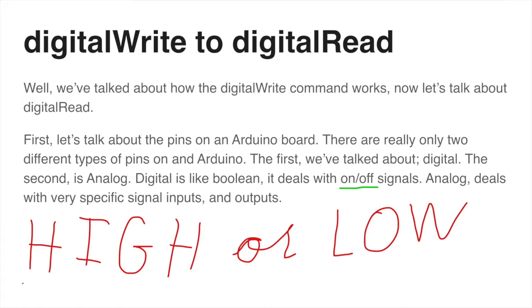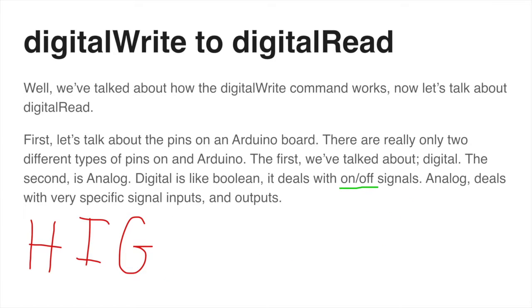It's either going to be HIGH or it's going to be LOW. It's not going to be both. It's going to be one or the other. That's what digital is. So hopefully you get the idea of digital and Boolean. I like to say Boolean. There are 2 ways of saying it. It doesn't really matter.